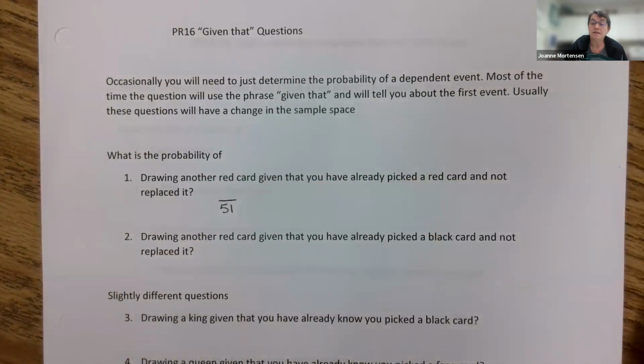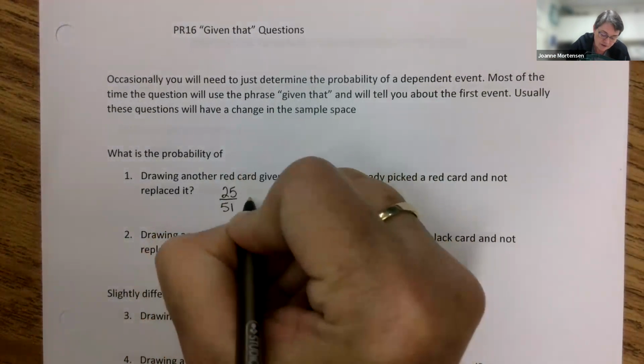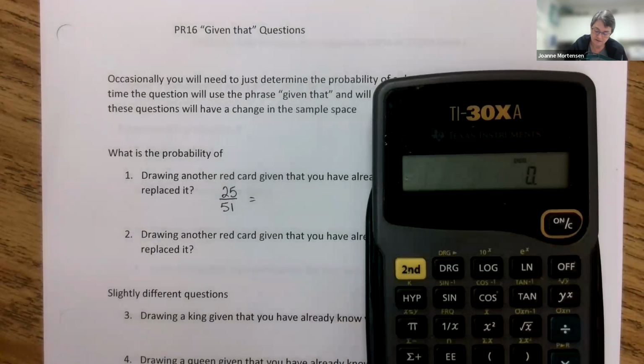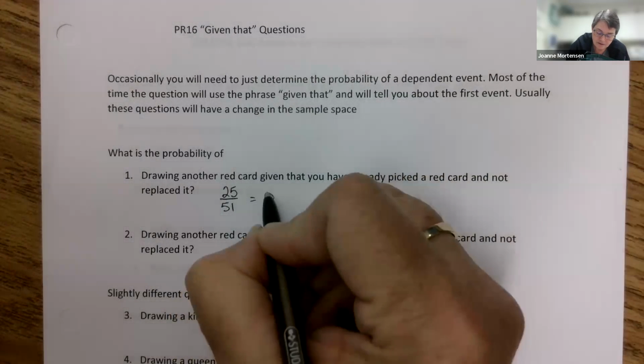Now, red cards, there are how many? 26, right? Hearts and diamonds, that's 26. And I already took one away, so that should leave me 25. So 0.49.